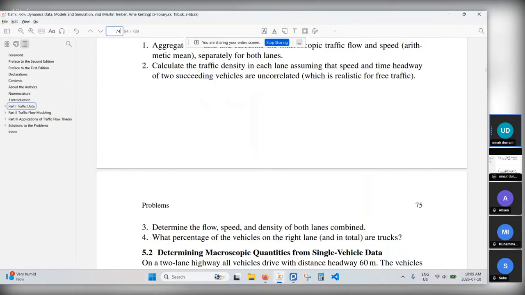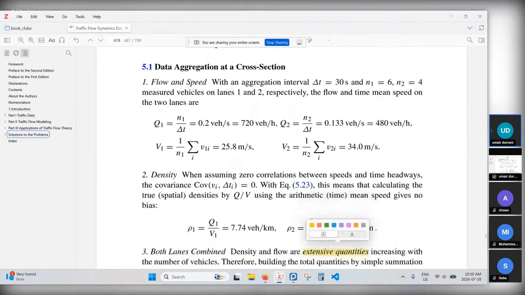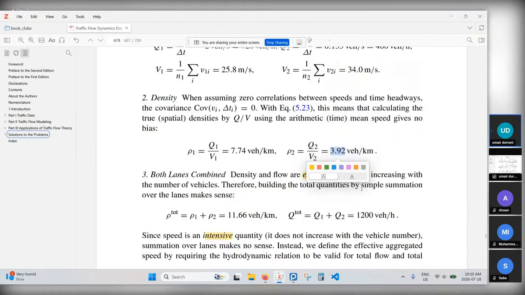But in the discussion, they mentioned that that is not true, and that is because of the discussion of extensive and intensive quantities, which was part of the discussion in the first chapter, where they mentioned that extensive quantities are those which depend on the vehicle number, and intensive quantities are those which do not increase with the vehicle number.